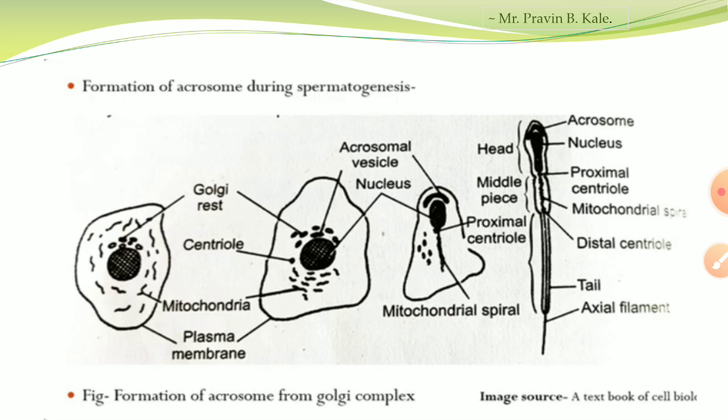Then, with the elongation of the spermatid, the acrosomal vesicles spread over the nuclear surface and finally collapse onto the nuclear membrane. See in diagram number 2, they collapse onto the nuclear membrane and form a cap material.